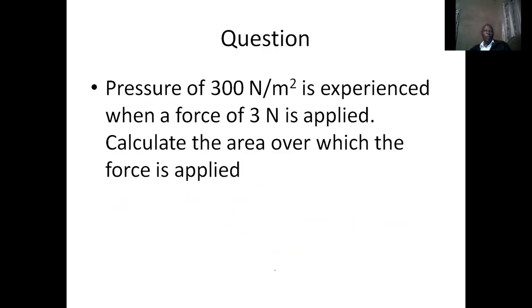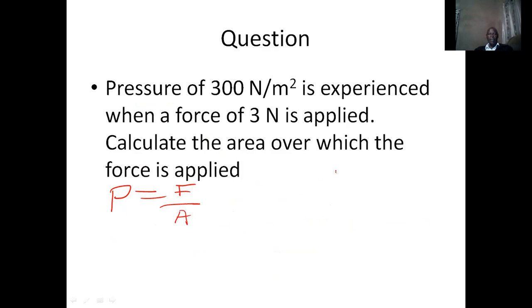We have another question. A pressure of 300 newtons per square meter is experienced when a force of 3 newtons is applied. Calculate the area over which the force is applied. This one we can solve using pressure equal to force over area.